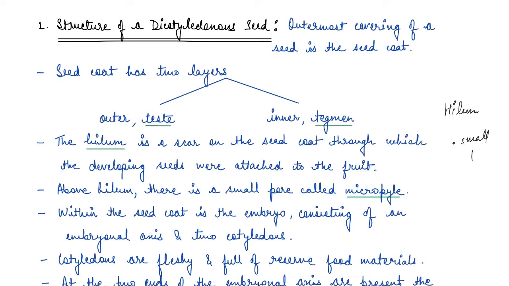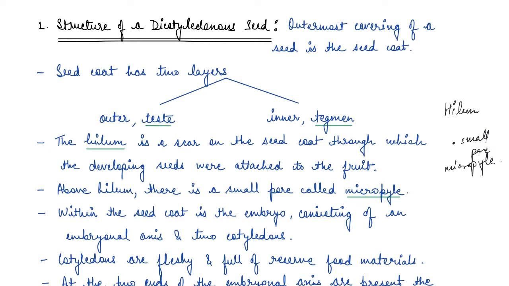This small pore is known as micropyle, right? And this micropyle basically helps the seed to germinate because it lets oxygen and water go inside the seed coat.